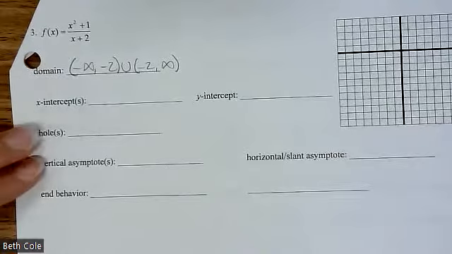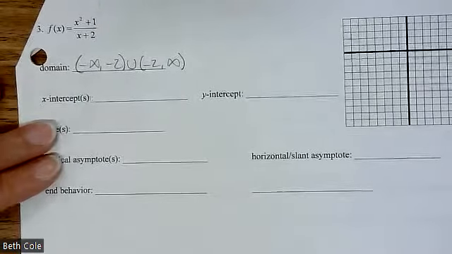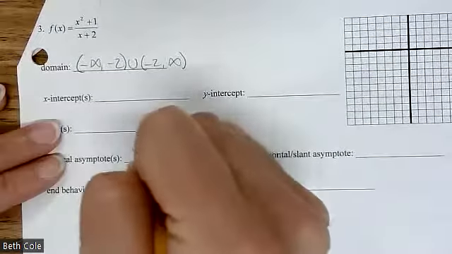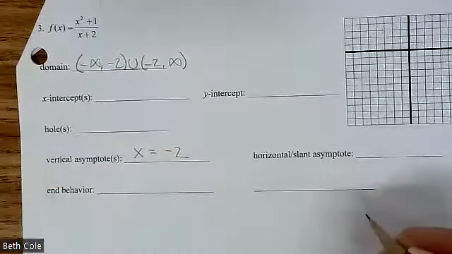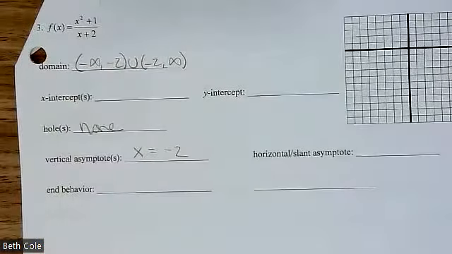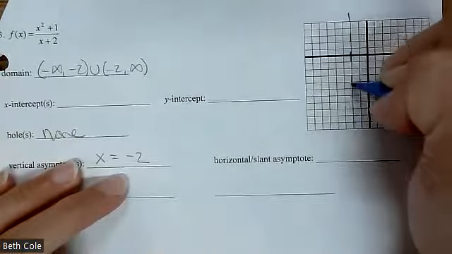A hole or vertical asymptote. Which one is he going to become? Vertical asymptote. Why is there no hole? Nothing canceled out. Perfect. And then you can dot in the vertical asymptote.